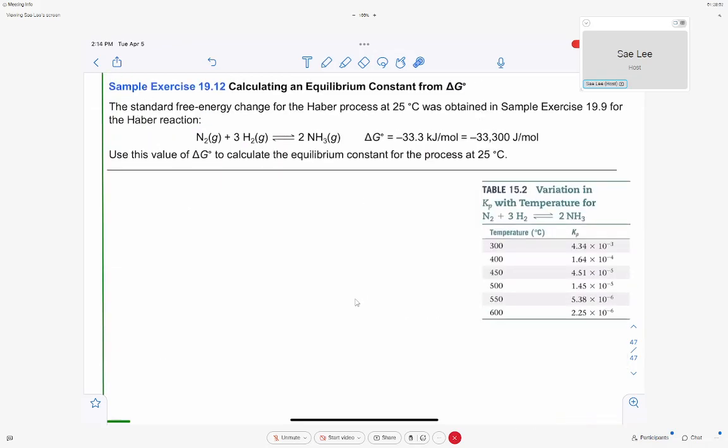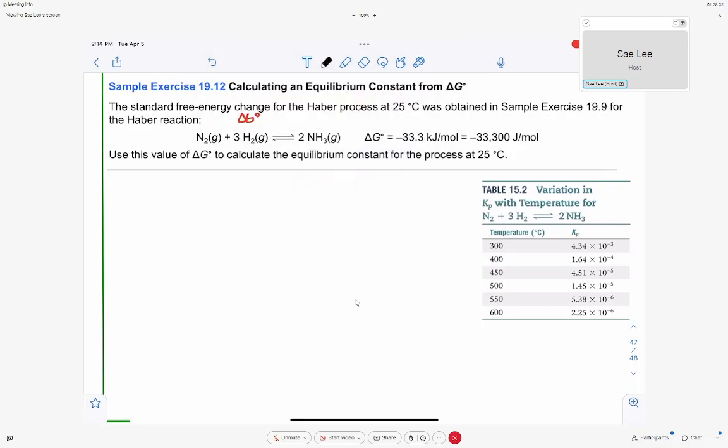The standard free energy change for the Haber process at 25 degrees Celsius was obtained in sample exercise 19.9. We have already calculated this. Use this delta G naught value to calculate the equilibrium constant for the process at 25 degrees Celsius.